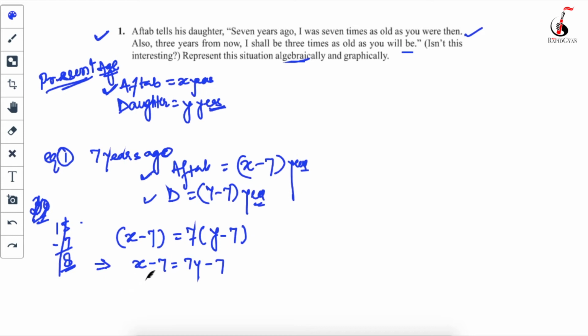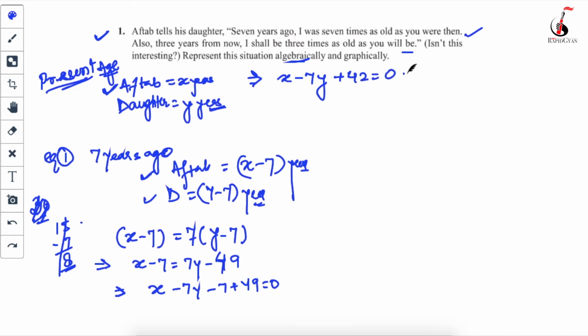Let's move everything to the left-hand side: x minus 7y minus 7 plus 49 is equal to 0, which gives x minus 7y plus 42 is equal to 0. This is your equation 1.